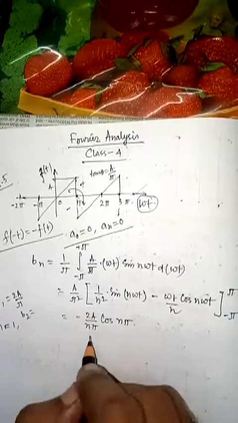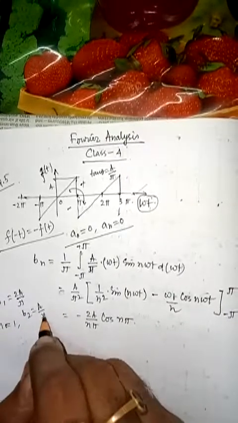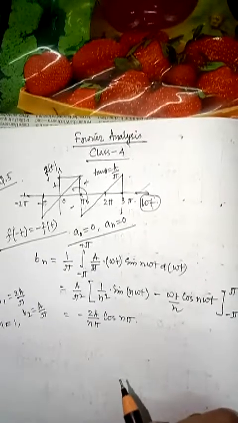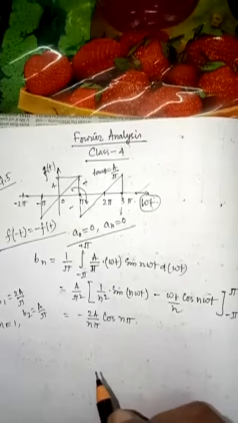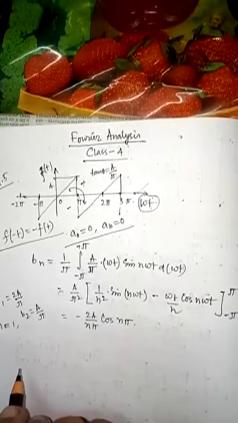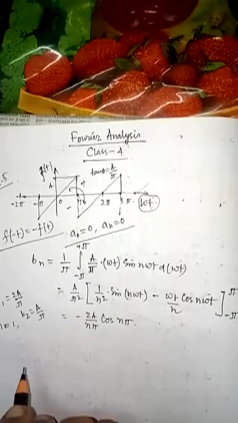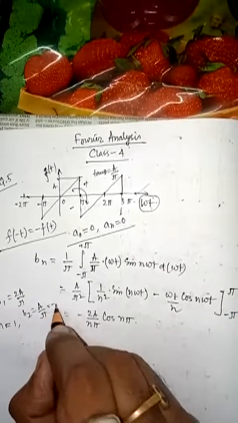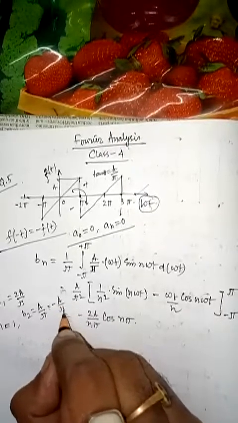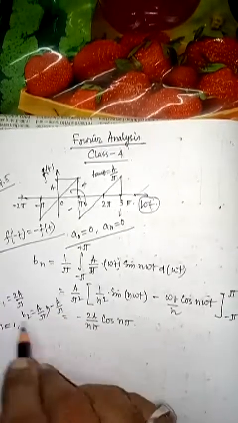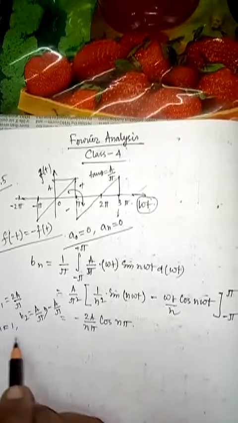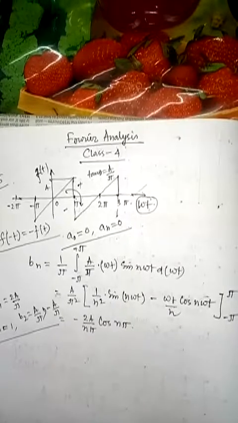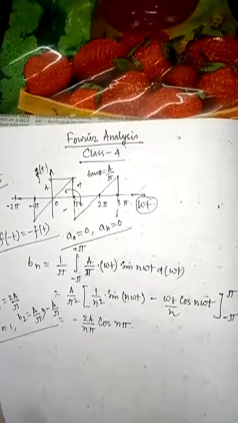It is 2a by 2 pi, so it is a by pi, and cos of 2n pi equals cos of 2 pi, so this is minus a by pi. So you have to replace b1, b2, b3, b4, and finally construct the entire Fourier series like this. So that is one problem.